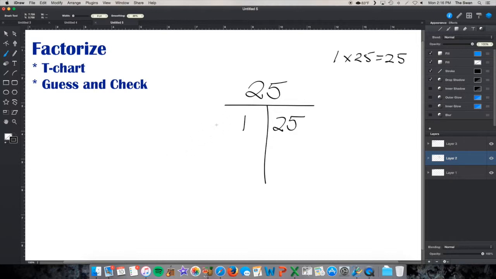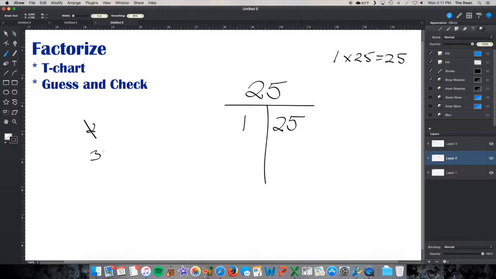And before I even start with 2, I'm going to say, hey, wait a second. 25 is an odd number. And then I'm going to remember, odd numbers never have 2 as a factor. There is not one odd number that will ever have 2 as a factor. So 2 is not a factor. So now I'm going to plug in 3. I'm going to use my multiplication facts to remember what I can about 3's.